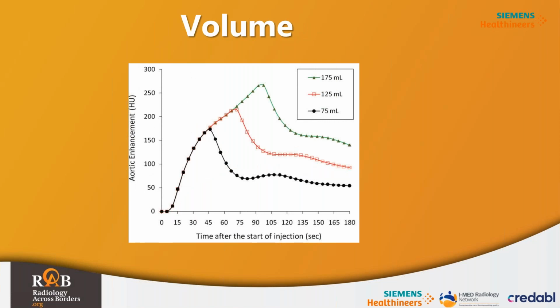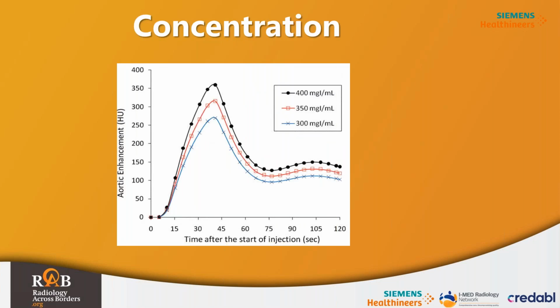Then the same thing on volume. If we have a really small injection, we have less of a peak enhancement and it's shorter lived. When we look at concentration, we haven't talked much about this. We can get different iodine concentrations within our IV contrast.